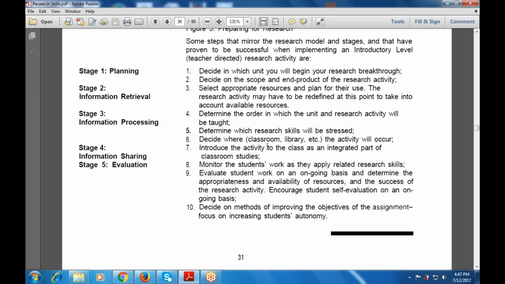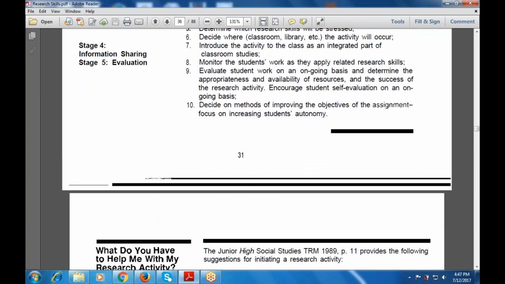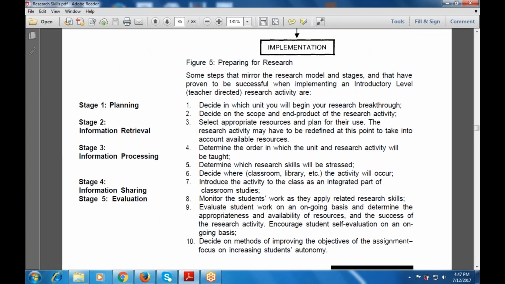Then decide on the methods and the curriculum you are using for improving the objectives of the assignment, focusing on increasing the students' autonomy. These research model stages have proved successful when implementing the introductory level, that is, teacher-directed research activities.